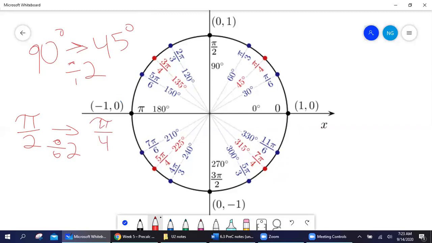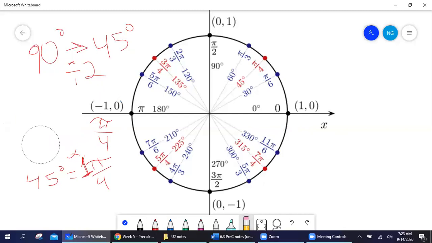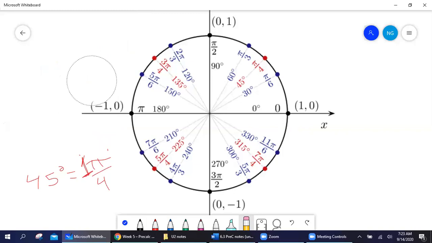Again, if I know the relationship that 45 degrees is pi over 4 radians, in particular, 1 pi over 4 radians, and I can count, then I can do all the 45 marks. So, again, 45 degrees is 1 pi over 4.